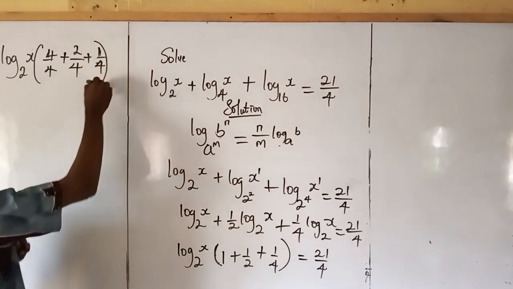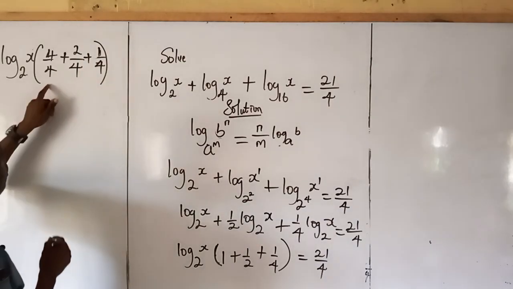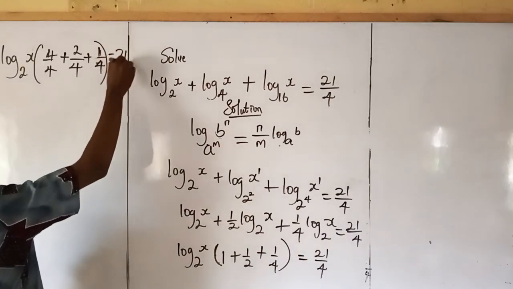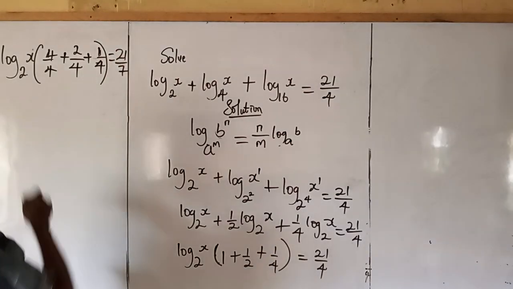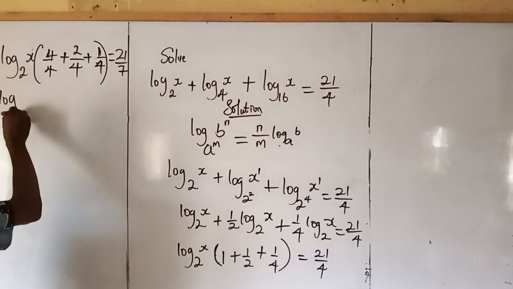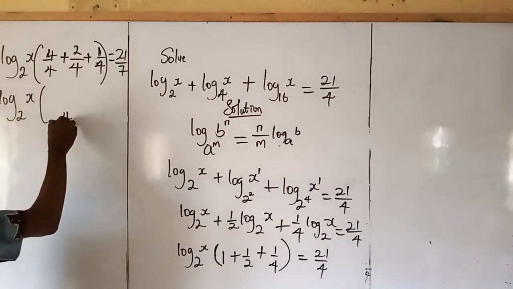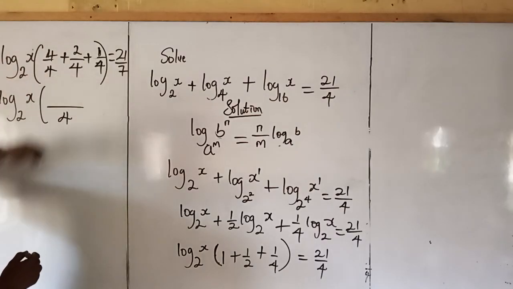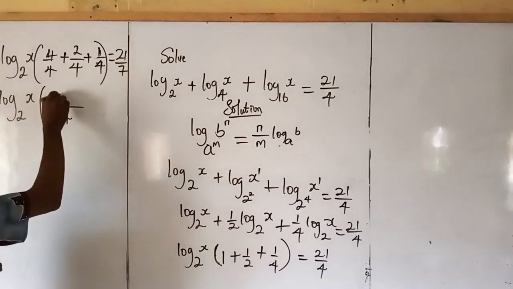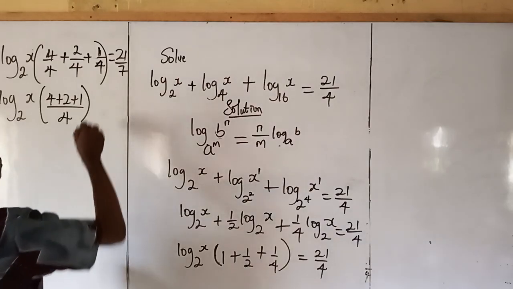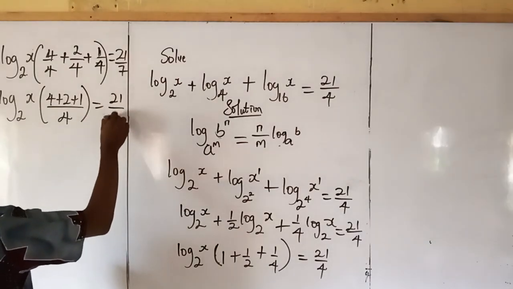So you can see I've been able to express all of them with denominators of 4, equals 21 over 4. This leaves me with log 2x to base 2 times a bracket. I pick one denominator, 4, and the numerators are 4 plus 2 plus 1, which gives 7.